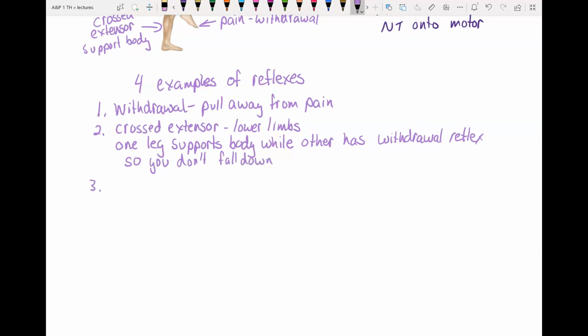The third one is the stretch reflex. This is when a body part is pulled on. Think about carrying something heavy, right? Like you're carrying a gallon of milk. That pulls on your muscles and your joints.